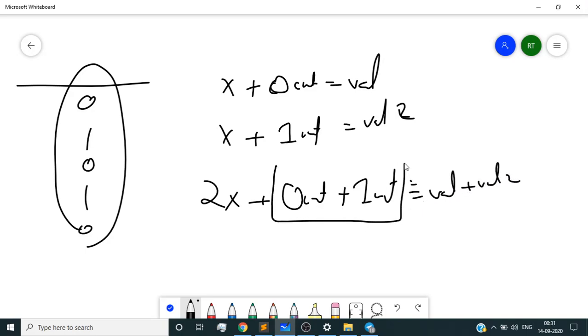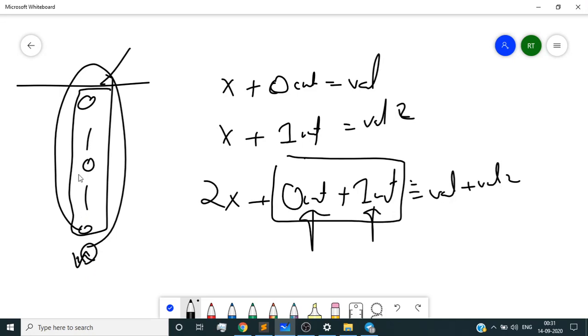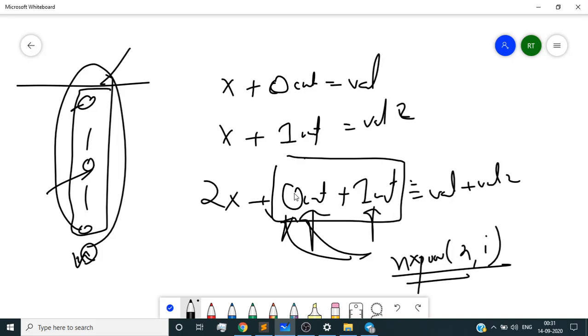What is the contribution by 0 plus the contribution by 1? The total number of elements is n, and there are some zeros and some ones. The contribution of 0 is the number of occurrences of 0 times 2 to the power i, and similarly the contribution of 1 is the number of ones times 2 to the power i.